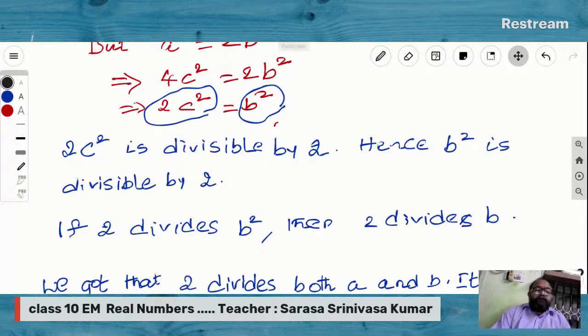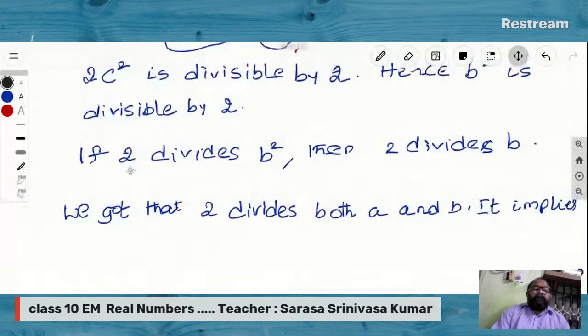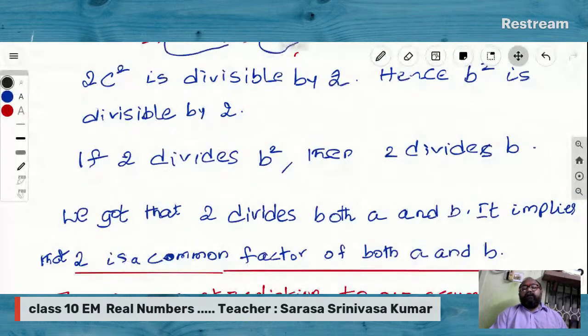Now again, by applying theorem 1.6, if p divides a square, then p divides a. Here 2 is a prime number. 2 divides b square. If 2 divides b square, then by applying theorem 1.6, we can conclude that 2 divides b.